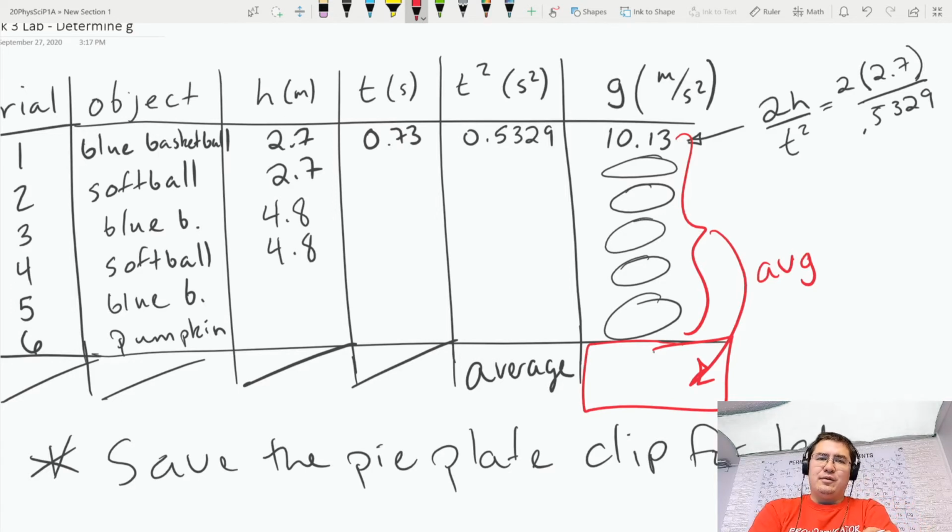Okay, so that's part 1 of the lab, is to make this data table and watch the 6 free falls. There aren't 6 video clips. Some of the clips I drop multiple objects at once. So you'll just have to watch the video. I put timers and stopwatches for all 6 objects. Okay, so that's part 1.